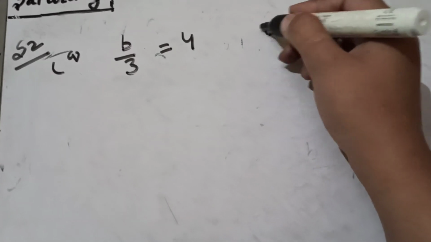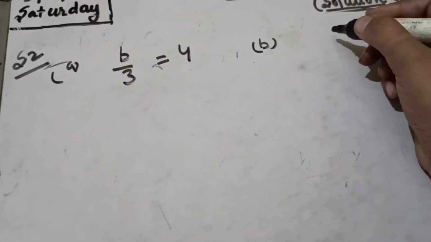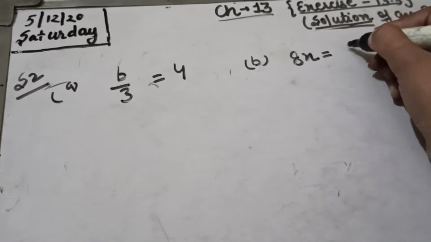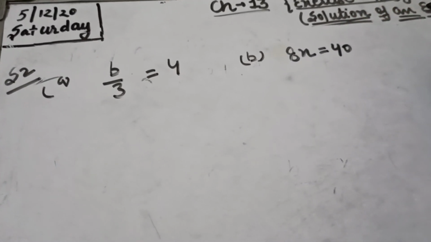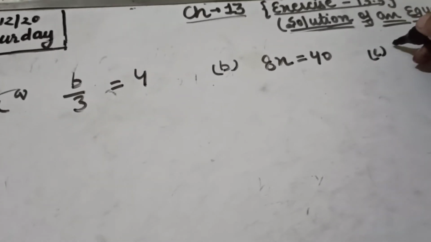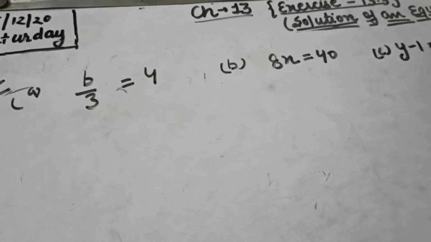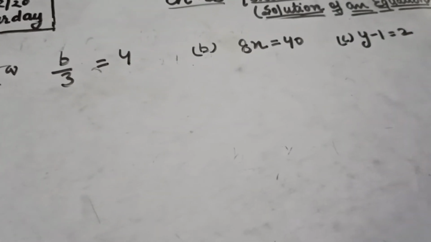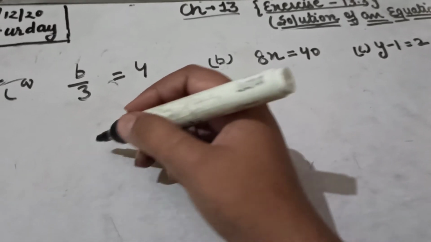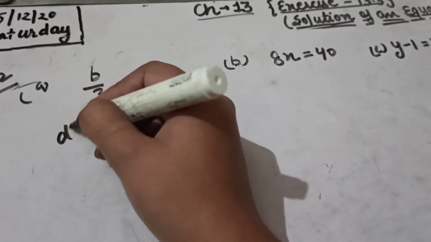B part. 8 times x means 8x is 40. C. y reduced by 1 means y minus 1 gives 2. Right? See, this I told you, how to make the equations from the statement.